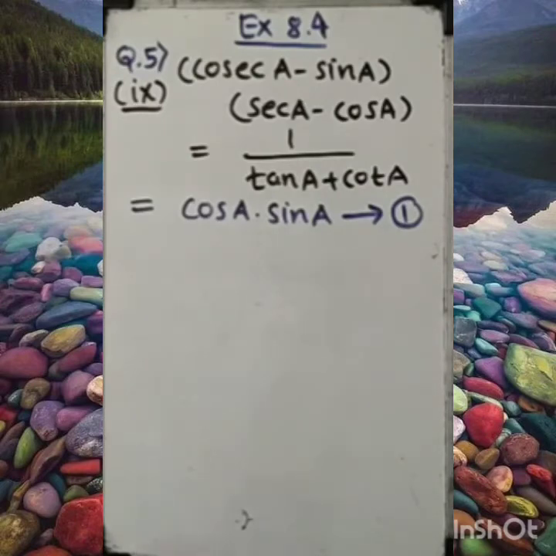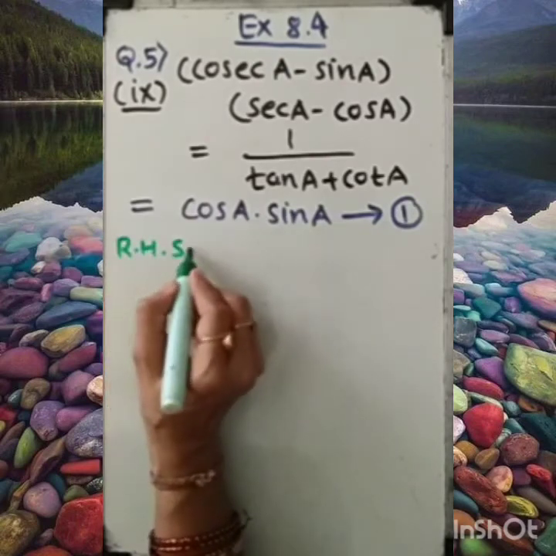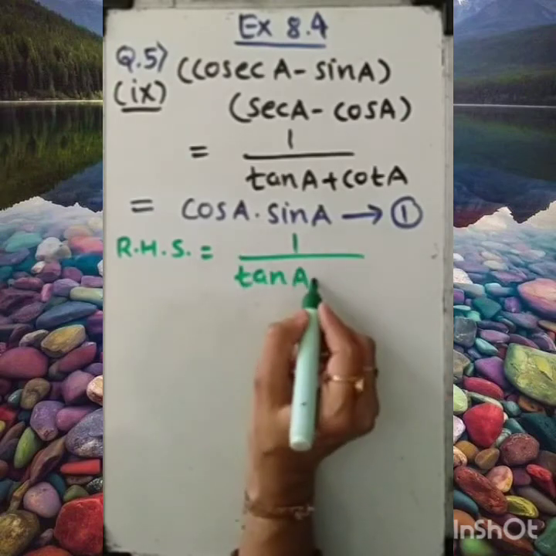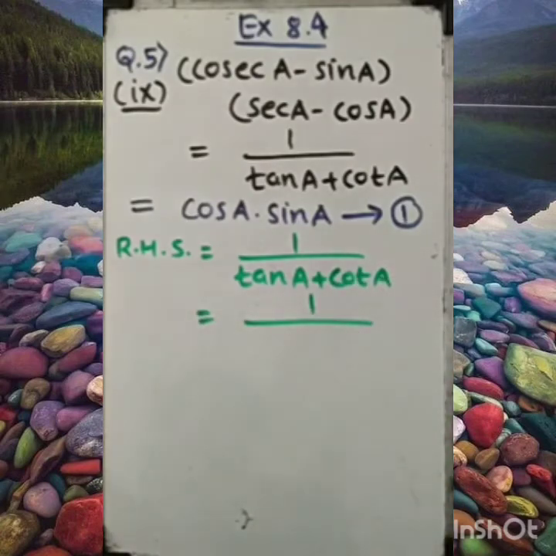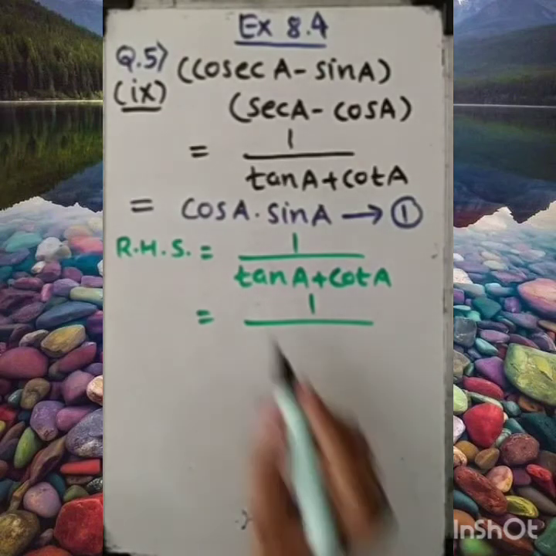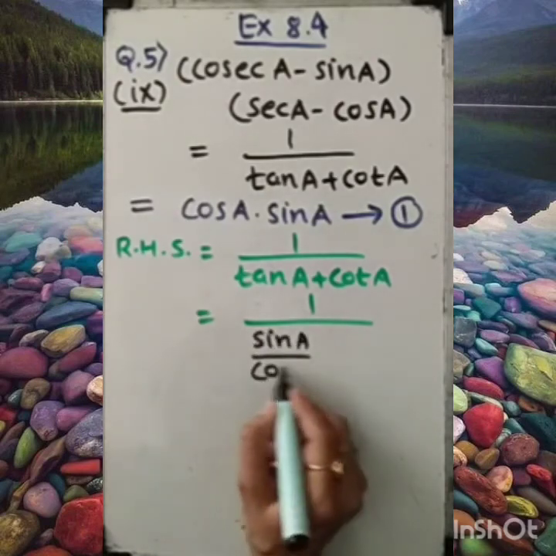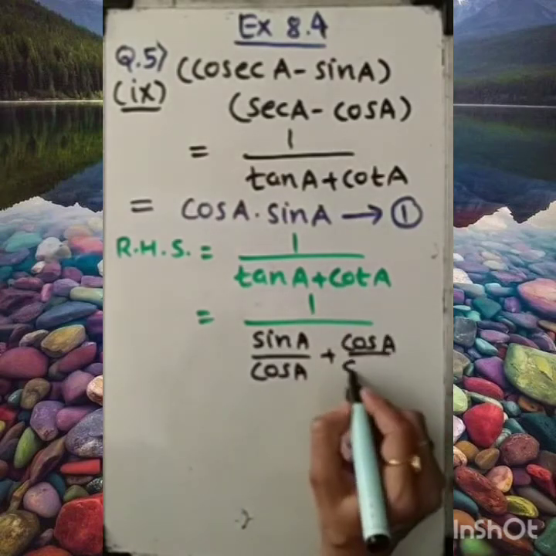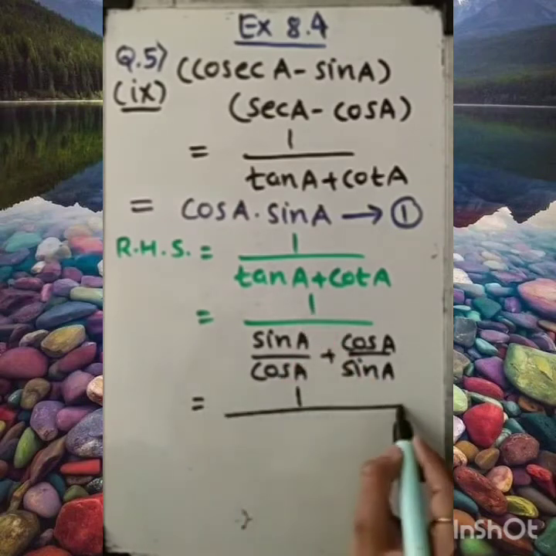Now let me focus on the RHS. I am going to simplify the right hand side now, which is given as 1 upon tan A plus cot A. As usual, we need to convert tan and cot into sin and cos form. So we know tan A equals sin A by cos A, and cot A means cos A upon sin A. Everything is in the denominator, so always write 1 upon.